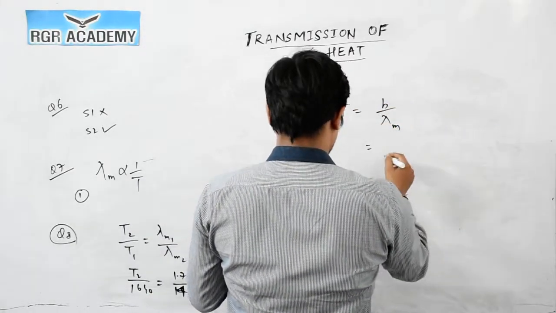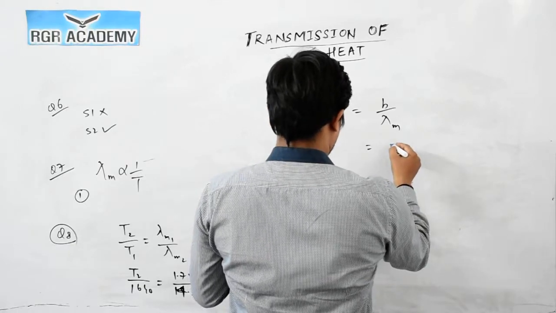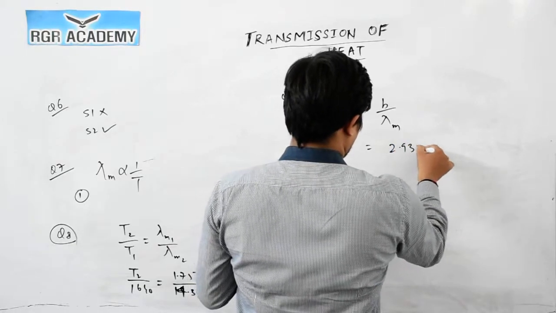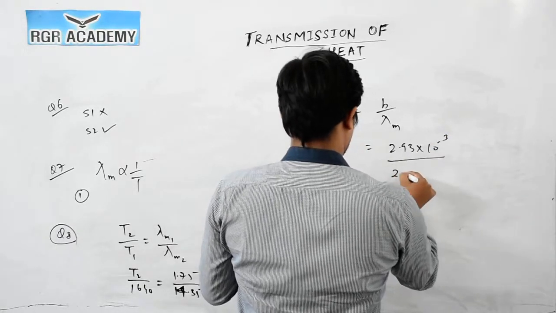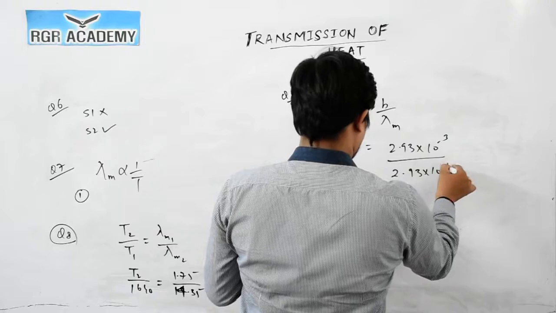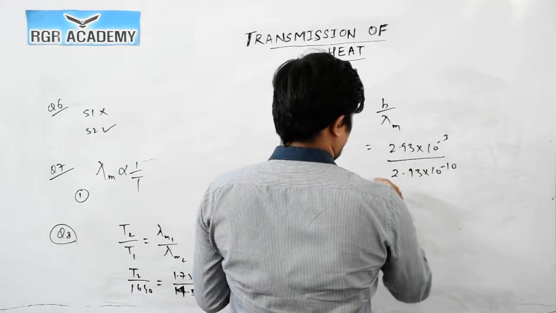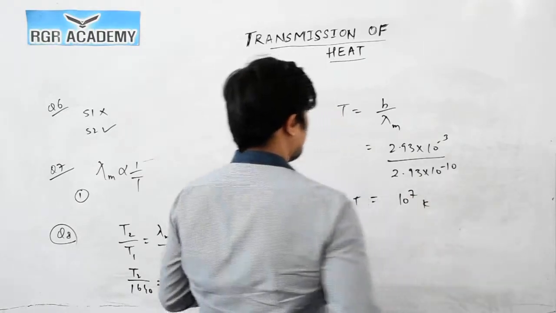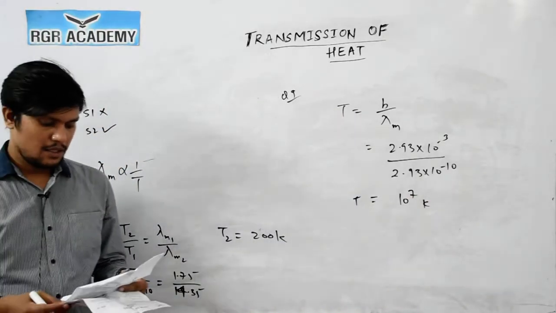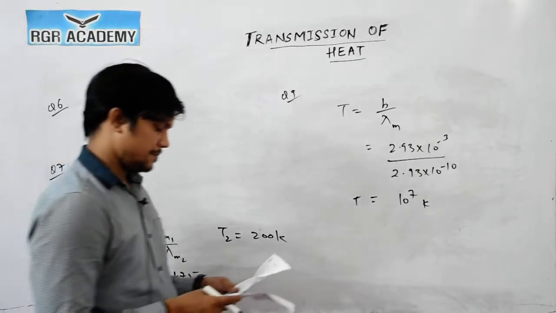So b is Wien's constant, that is 2.93 into 10 to the power minus 3, divided by 2.93 into 10 to the power minus 10. So this will cancel out, so you will get 10 to the power 7 Kelvin. So the answer is 10 to the power 7 Kelvin for question number 9th. Now question number 10th.